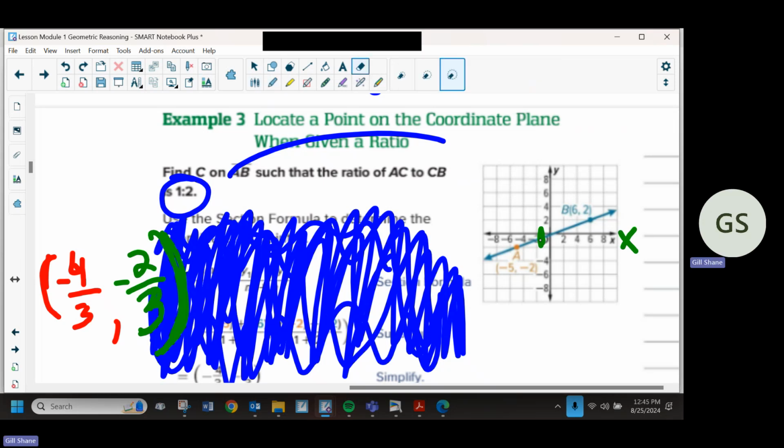Then I would go down and I would say, well, -2/3 would be somewhere right there. So sure enough, if I connect those two, it looks like I'm hitting the line. Hard to tell when I'm using fractions and having to zoom in and out, but that looks pretty good.